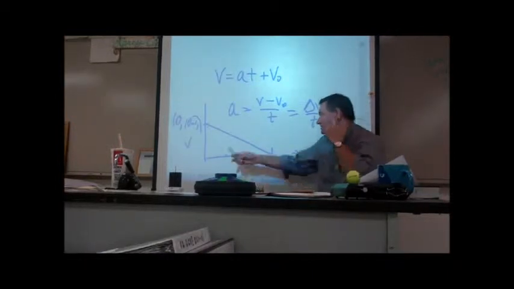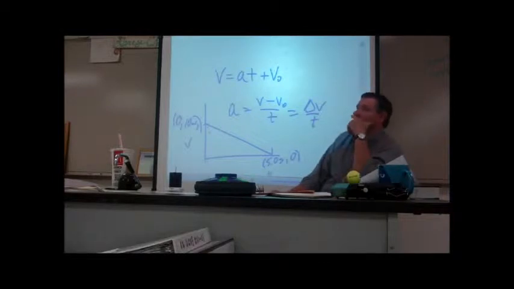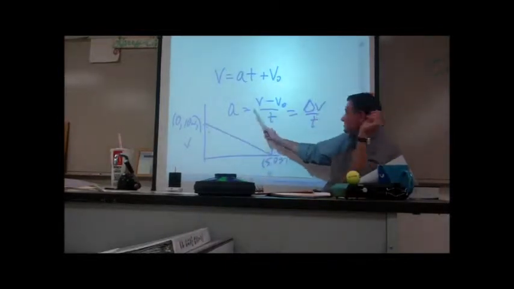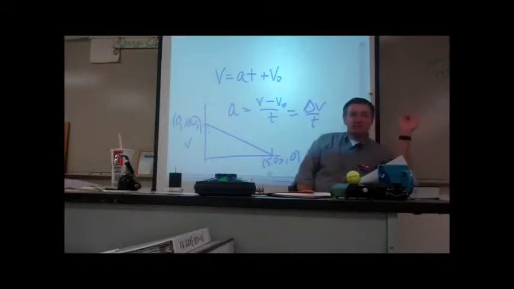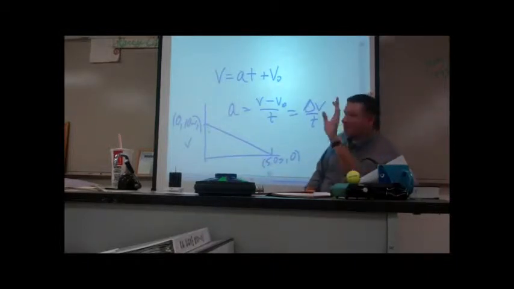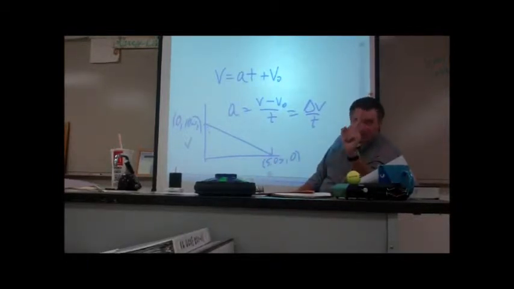Now, is the 10 meters per second my initial velocity or my final velocity? Initial. Now, would the 10 meters per second be my V naught or my V? V naught is always the initial, okay? A naught, acceleration naught, force naught, whatever. Anytime you see that 0, remember that is always going to be the initial.